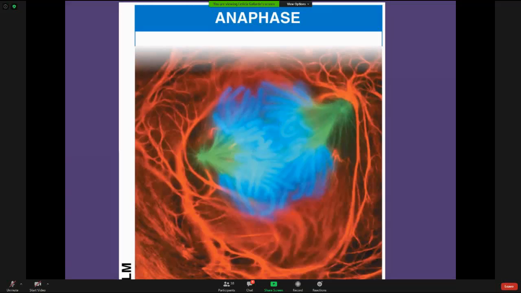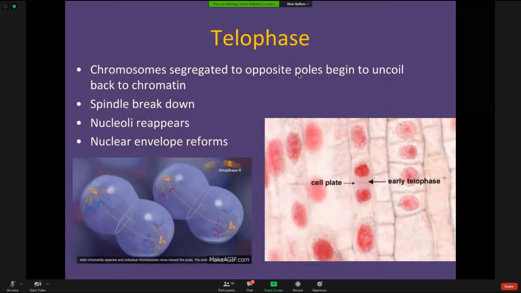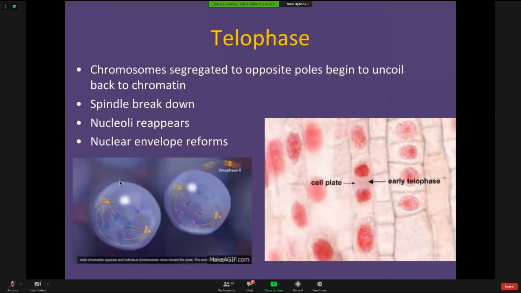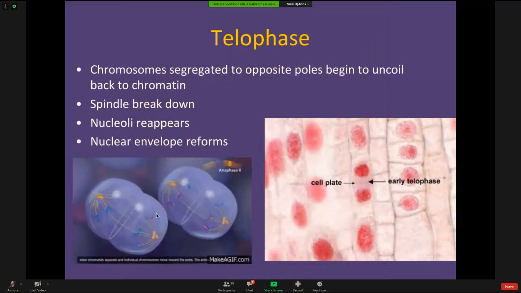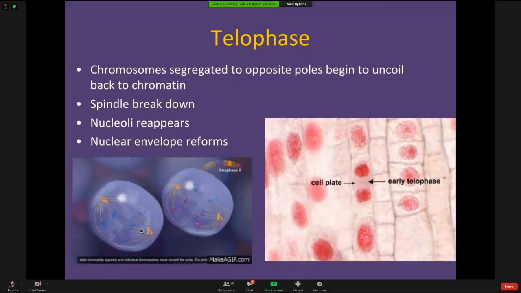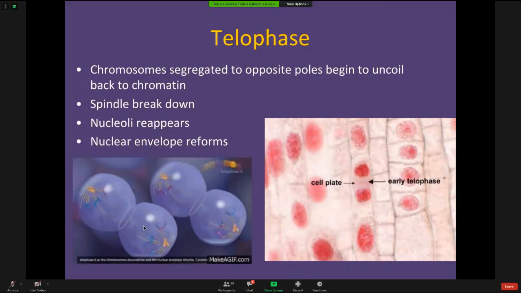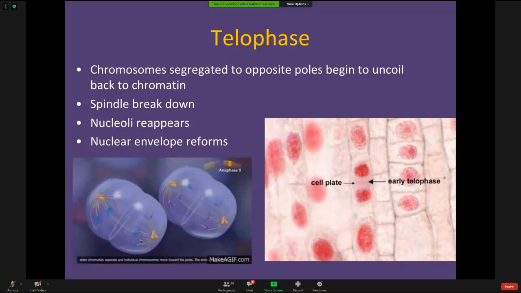Now you want to elongate and pull your chromosomes to opposite ends so that you can clearly designate what will become each of your new cells. So our next step is telophase, where your cells are getting even more and more elongated, and your sister chromatids are getting isolated to opposite ends, the opposite poles, of the developing two new cells.